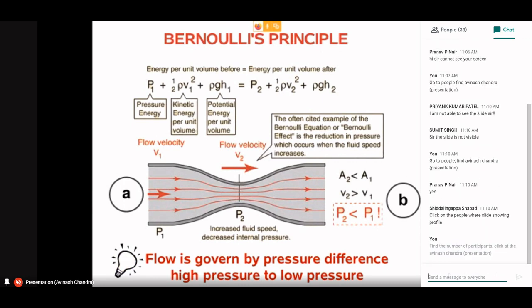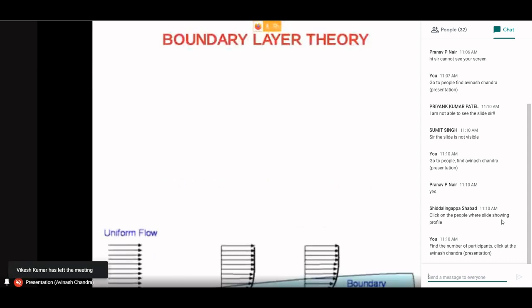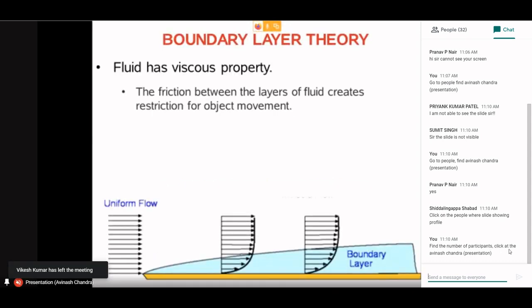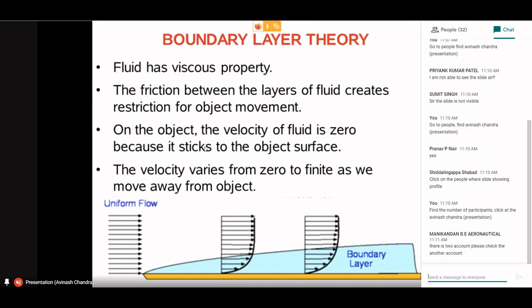So we know that air has some viscous properties, and air has a lot of layers. There is friction between those layers, and whenever an object is moving in air or water, I will just say fluid, there will be friction on the adjacent layers. You can correlate this in the image also. I'll show the pointer so that you can see.